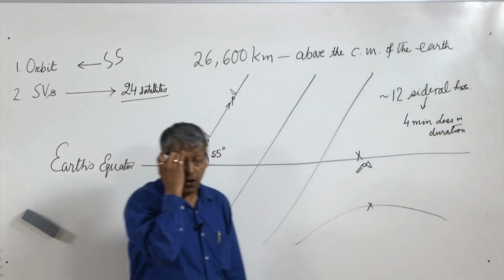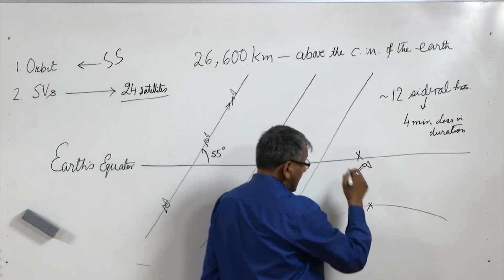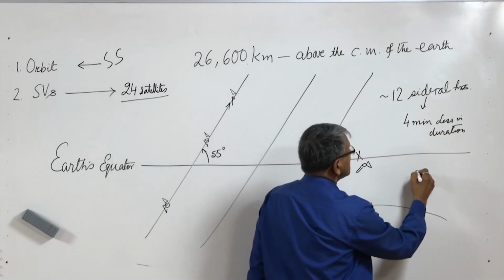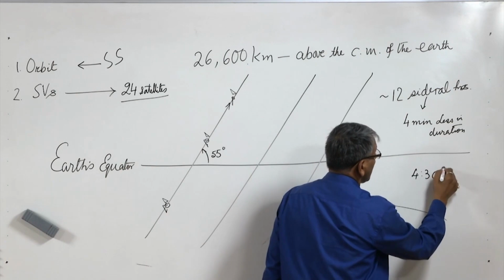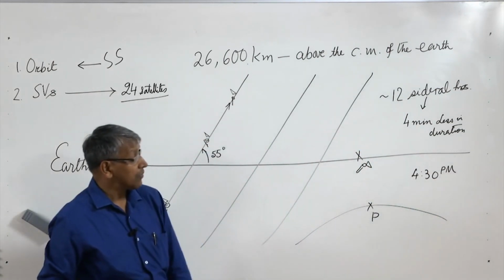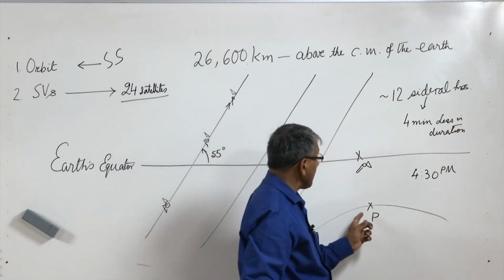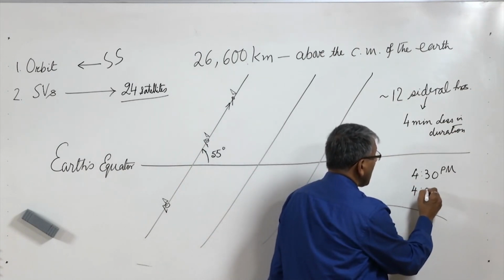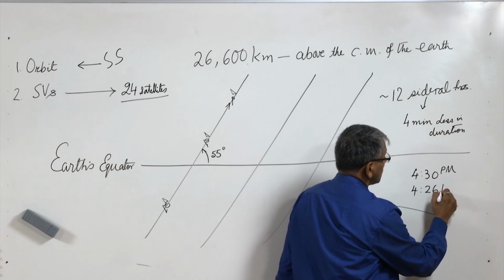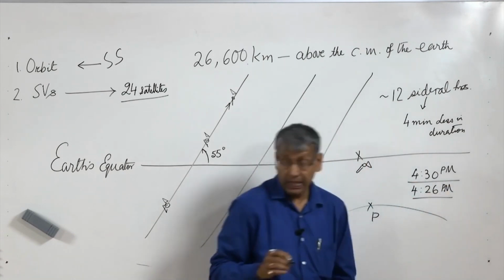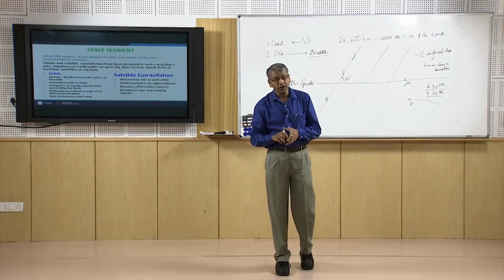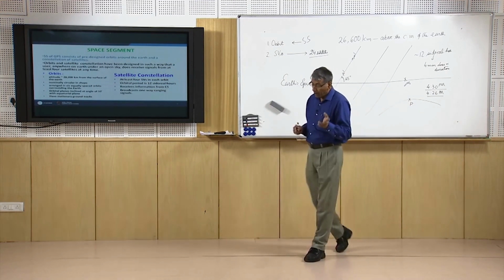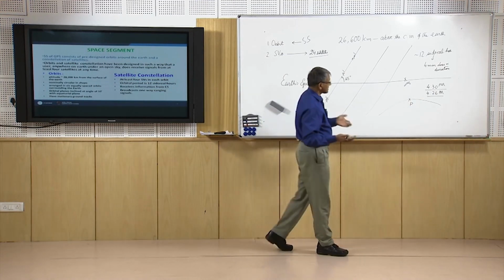So if any satellite X at position P appears at 4:30 p.m. today, the same satellite will be available at the place P tomorrow again, but it will appear at 4:26 p.m. This information is very important when we want to carry out a repetitive study with respect to some satellite.